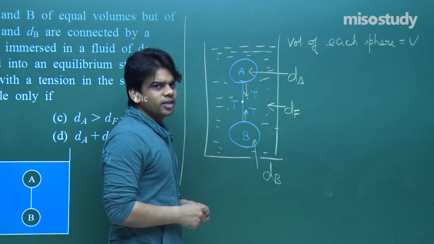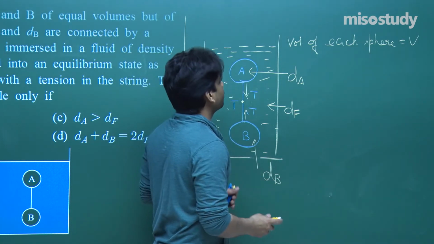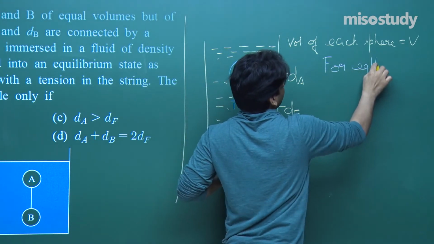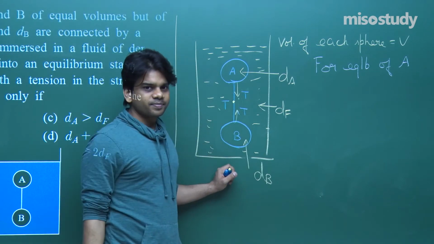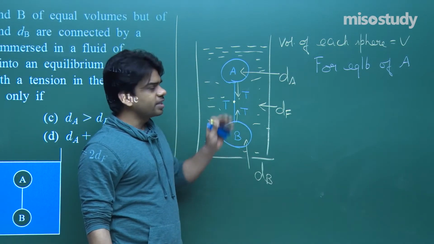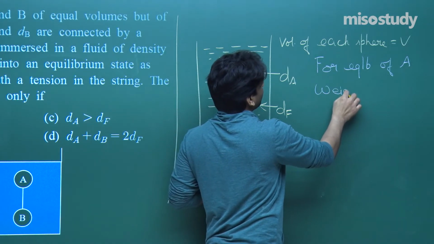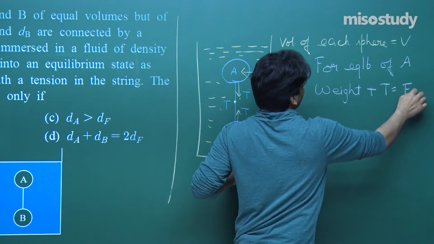Now comment on the equilibrium. Let's frame the equations for equilibrium. For equilibrium of A, clearly A is at the top end. Its weight is acting in the downward direction, tension acting along the downward direction, and that will be equal to the buoyant force.